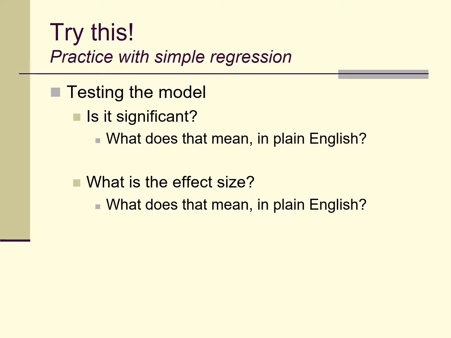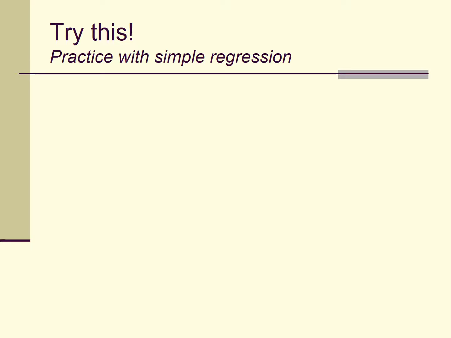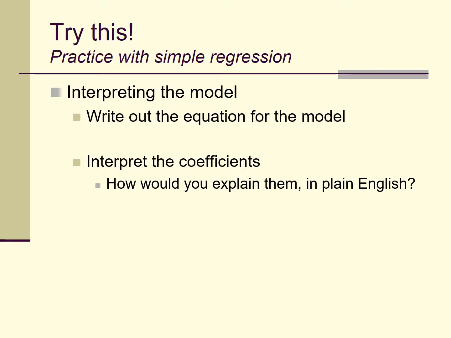Also, what's the effect size for the relationship between baseline heart rate and post-stressor anxiety? And again, explain in plain English what it means to say that there is a particular effect size. Also, try to interpret the model. Write out an equation for the model and interpret the coefficients.